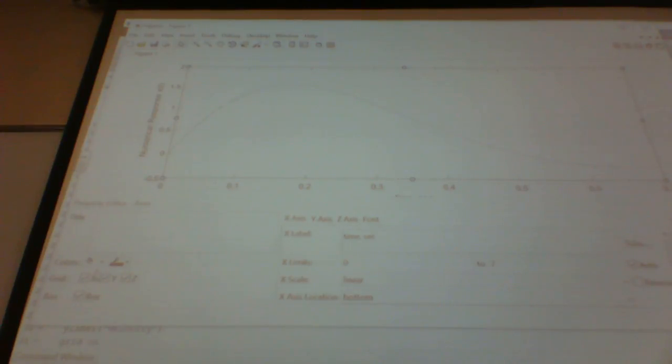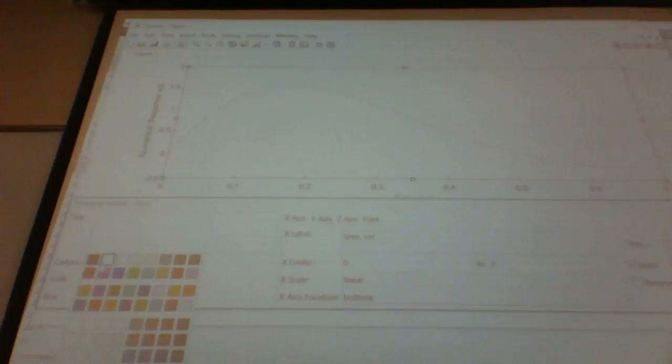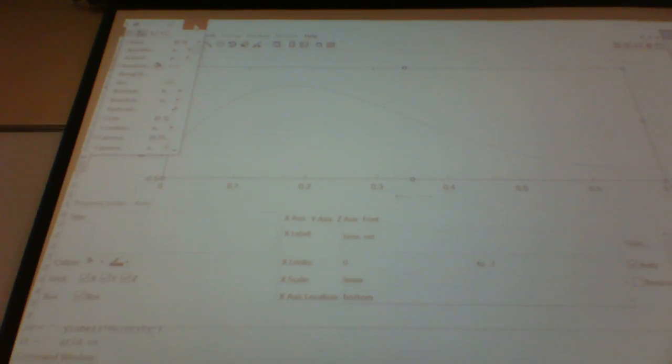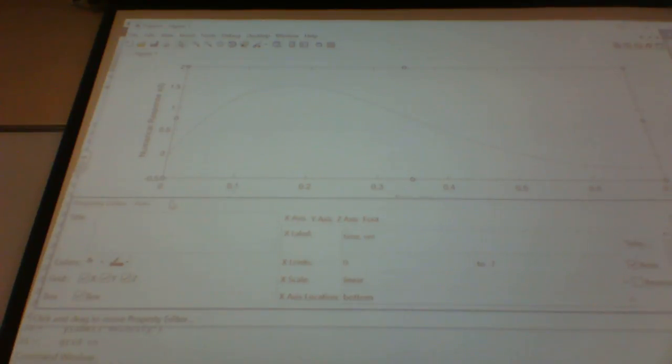Oh, yeah, white. That might do it. So this one here? I think so. That might just be the color of the background. Oh, no, that's the plot itself. So grid, box, axis. So how do we get out of it here now? So I'm going to go back to the previous one here. Any idea? Grid. Let's see.